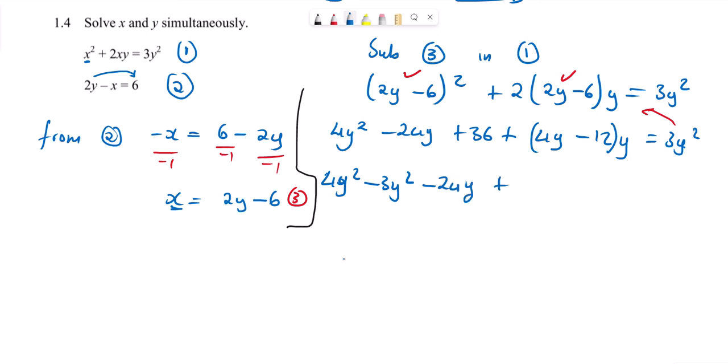24y, add 36. That will be, okay, so that's 4y times y, that will be 4y squared, and that will be subtract 12y is not 0.